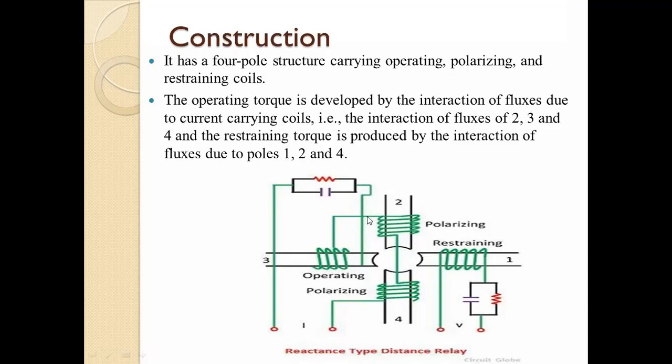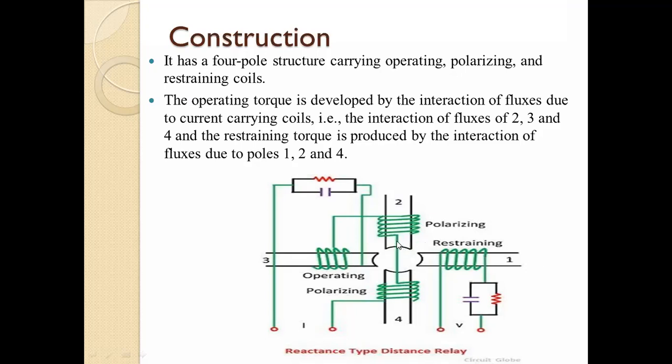So here also 4 poles are shown, that is 1, 2, 3 and 4, and 4 different coils are wound on these 4 poles to produce the torque here.